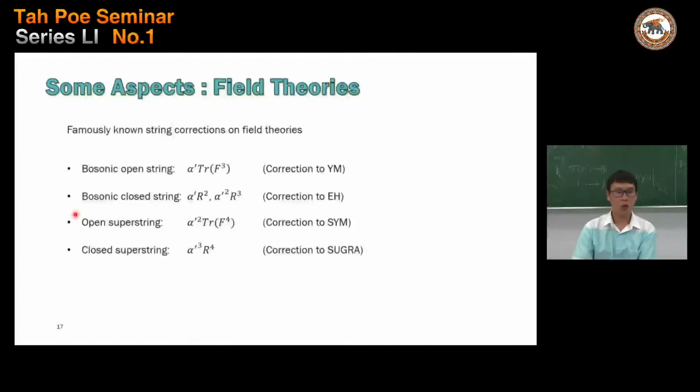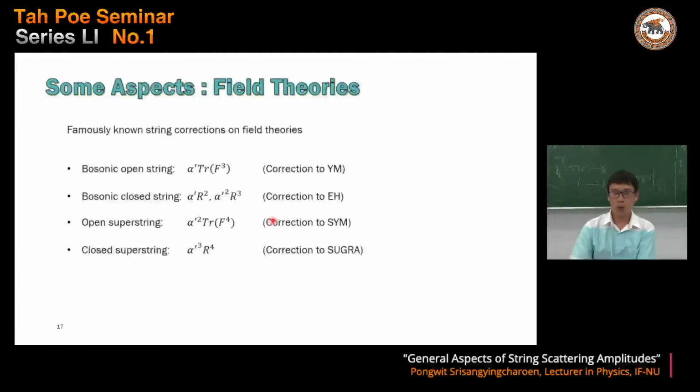If you consider the open superstring, it provides the correction to super Yang-Mills theory up to alpha prime squared, and for the closed superstring, it provides the correction to supergravity at order alpha prime cubed, as R to the fourth, where R is the Ricci scalar.